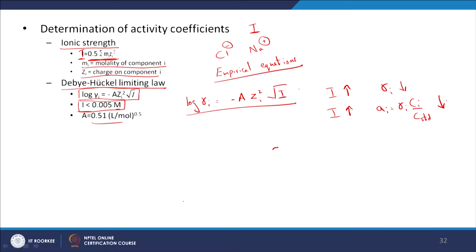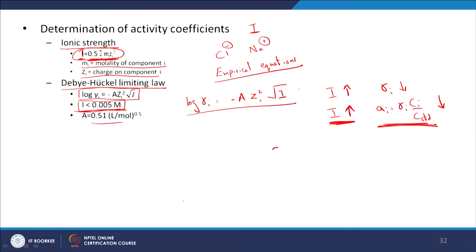The ionic strength gives you an idea about the various charged species in your solution; as they increase, the activity or the ability of your particular component to react will decrease. So obviously it is limited only to ionic strength being less than 0.005 molar.